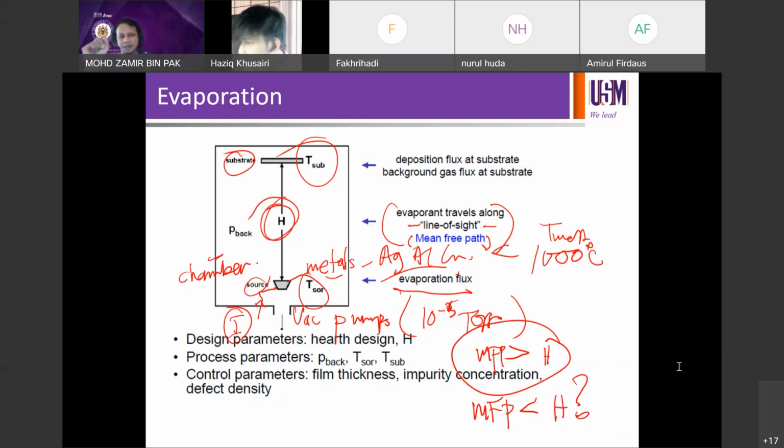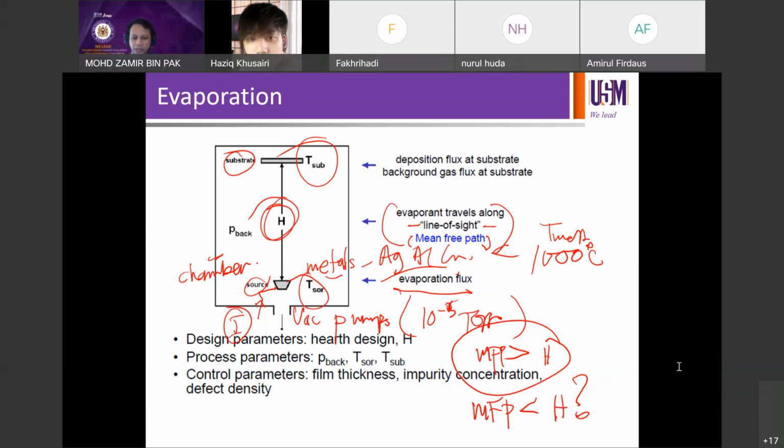Maknanya just about there, about to arrive, but not quite. And you'll probably detect when you characterize your sample dalam project, for example, you'll probably find aluminium, kalau you evaporate aluminium on the substrate, but not quite, because you'll probably find patchy or patches of aluminium on the silicon, for example. Okay, so it really depends.